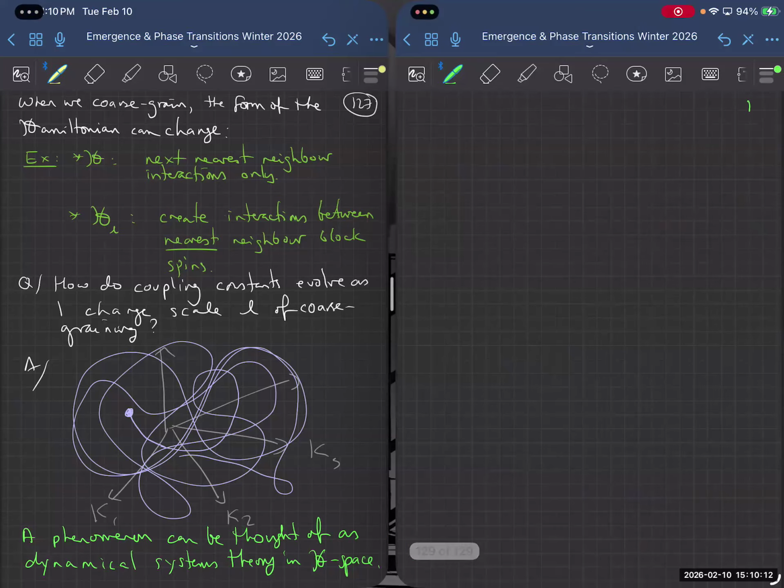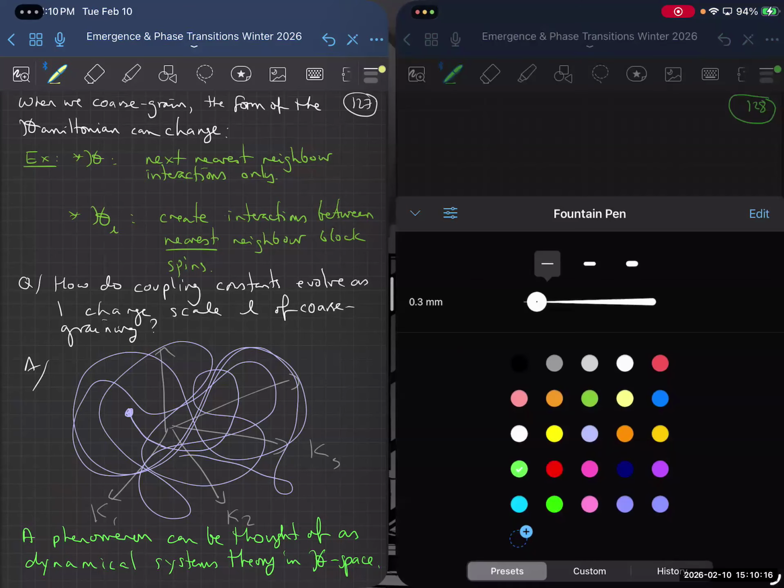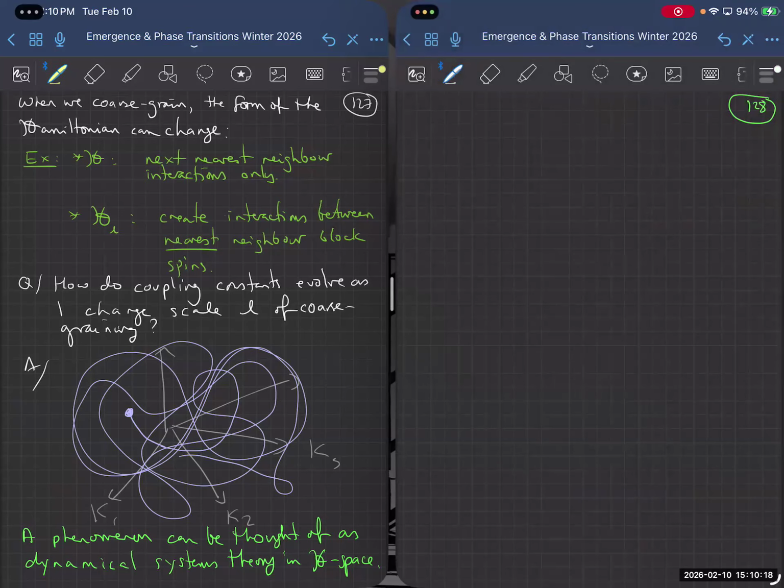So, okay, so you say that just sounds like a really disgusting mess. Why on earth would you want to do that? Why would you want to make it so complicated? Well, what we're going to ask is, if I look at this trajectory, what are we really doing?